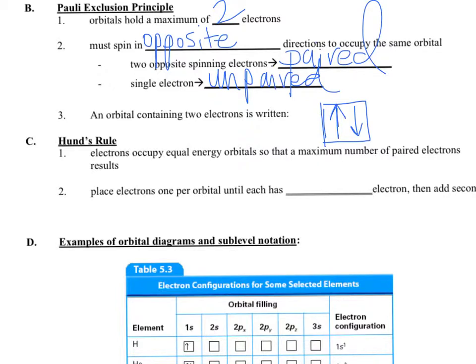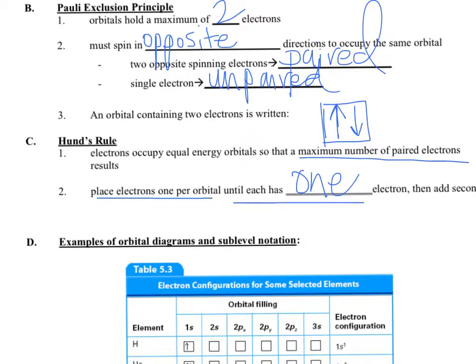So then the third rule, there's the bell, the third rule is Hund's rule. And what that says is that electrons occupy equal energy orbitals so that a maximum number of paired electrons results. So what happens then is that you place one electron per orbital until each has one electron, then you add a second.